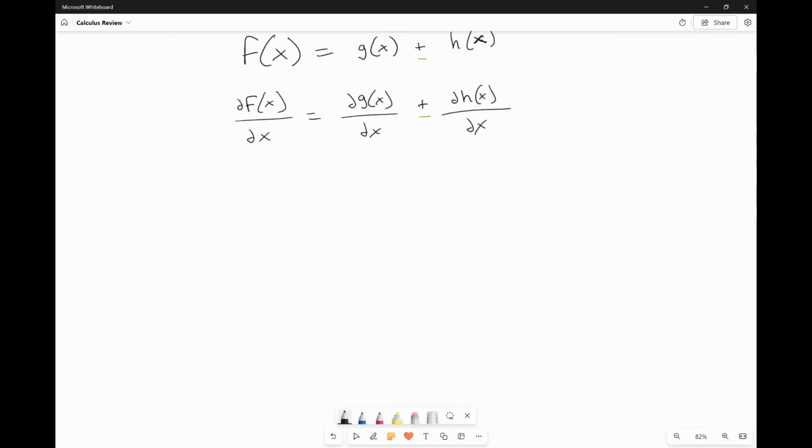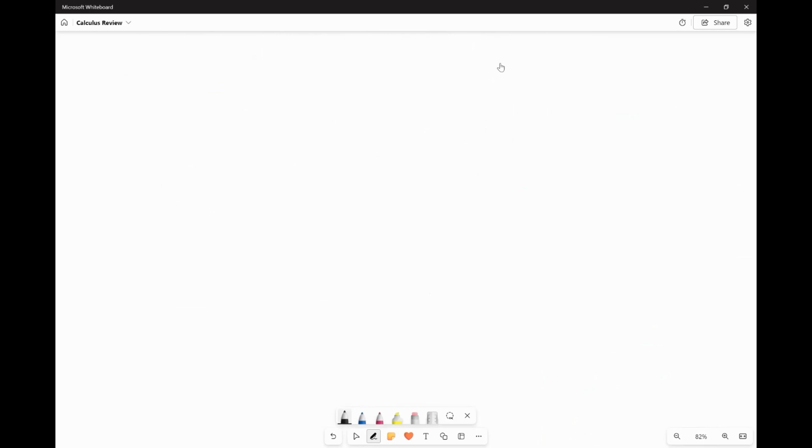All right, so the next rule is the product rule. Okay, so imagine we have the function f of x, and the function f of x is composed of two smaller functions, just like before. So just like we had g of x and we had h of x, right? Those are kind of our smaller functions within the larger function.